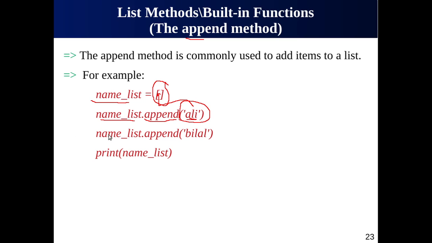First write the name of the list, followed by the dot operator, followed by the append method, followed by the string element enclosed in the parentheses, which means this is an argument of this function. And then after Ali, Bilal will be added to this list. Now I want to print the elements stored in this list. Initially the list contained nothing, but now we have 2 elements. So if you print this list, it will contain 2 elements, that is Ali and Bilal.